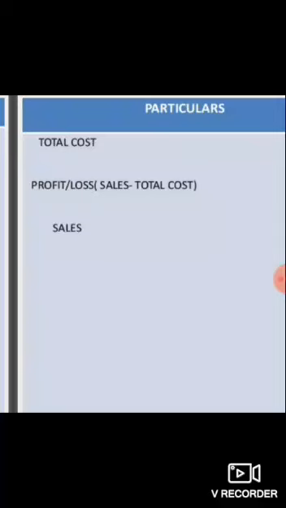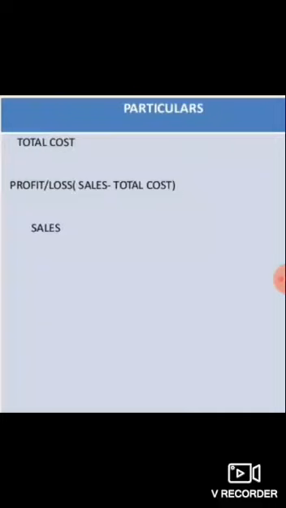Total cost against sales will give the profit or loss. So after that we'll be having the sales. This is the cost sheet proforma, which is used to find out the total cost as well as cost per unit.